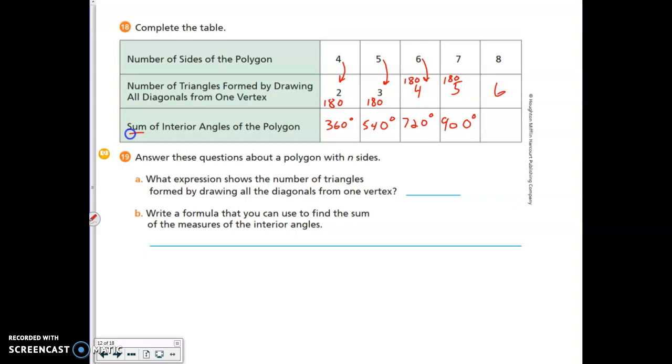And the last one here, again, all based on our knowledge of triangles equaling 180 degrees, and we've created 6 triangles. So 6 times 0 is still 0. 6 times 8 is 48, carry the 4, and so we are at 1080 degrees for the sum of the interior angles of that polygon.